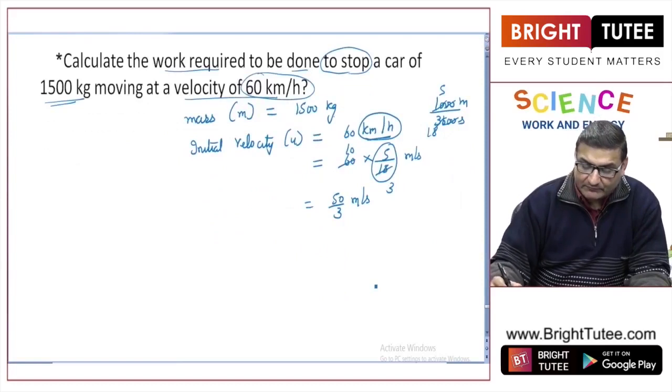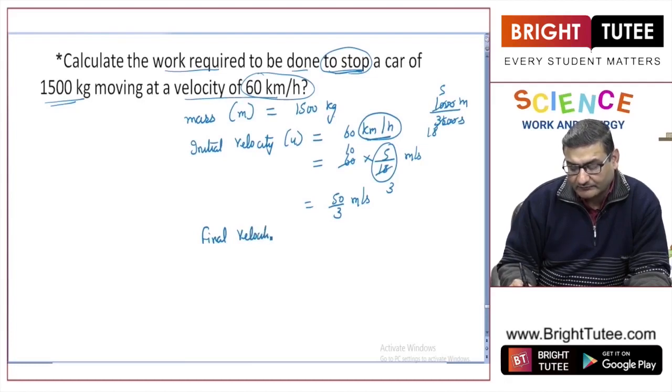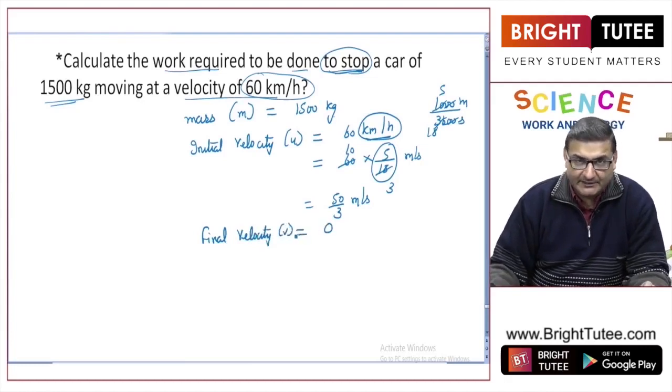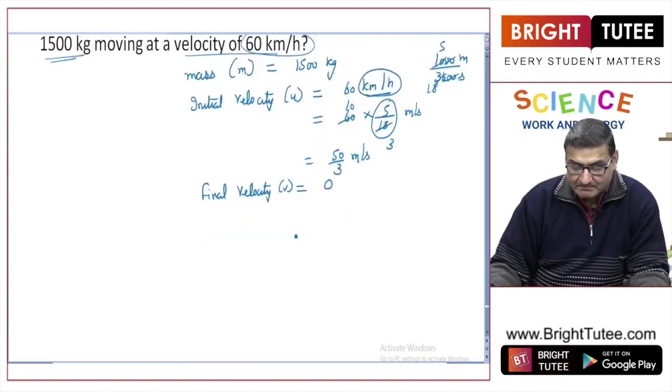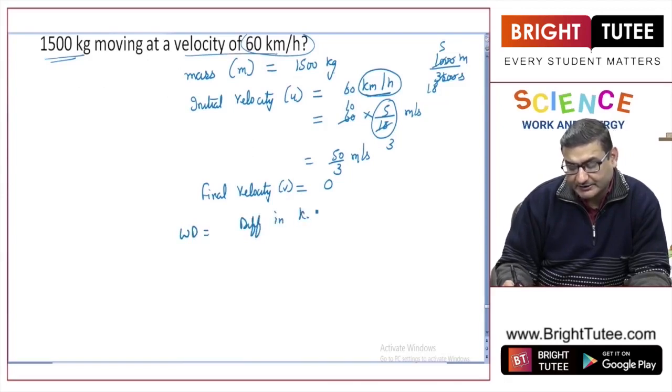Now since we are stopping the car, the final velocity of the car, represented by v, will be 0. So we know that the work done is the difference in kinetic energy.